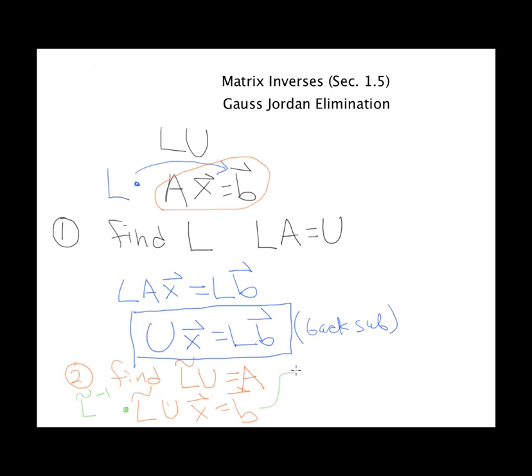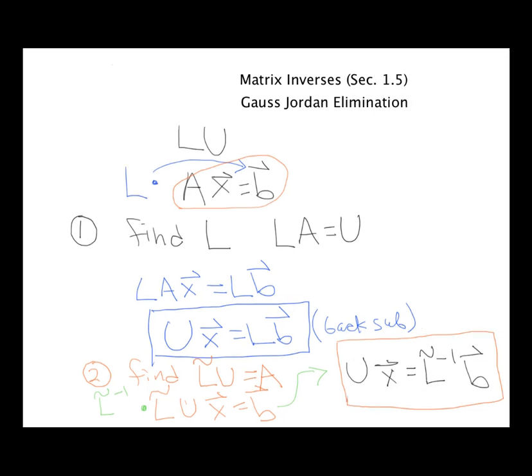And what happens when you do that is L tilde inverse times L tilde gives you the identity, and you get the equation UX is equal to L tilde inverse B. And now this is an upper triangular system, and it's very easy to solve.